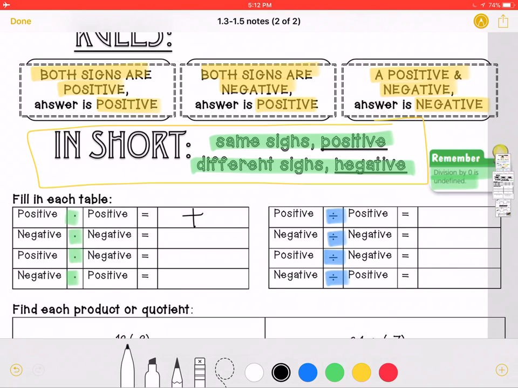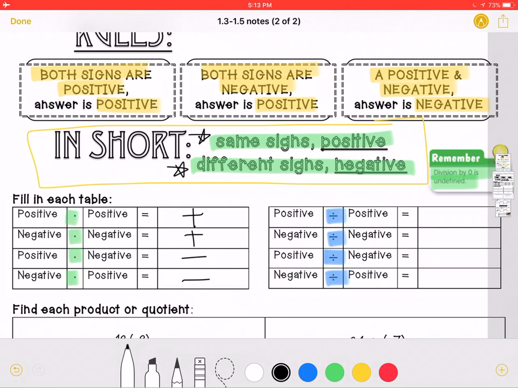A negative times a negative gives us a positive. Remember, same signs, it's going to be positive. Don't get confused with that. Now, if we multiplied a positive times a negative, they're different signs, meaning our answer will be negative. And if we do a negative times a positive, again, different signs, so our answer is going to be negative.